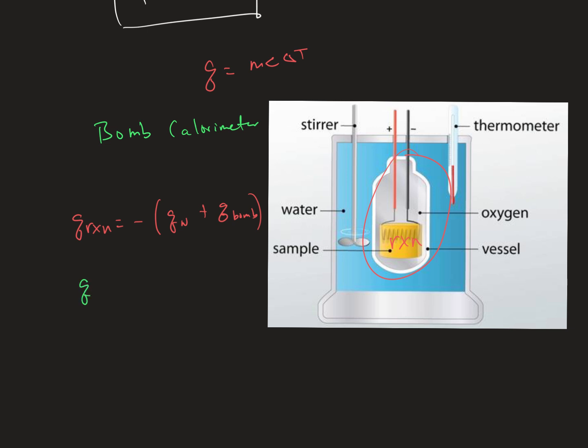And to calculate the heat of the bomb, this is also on your reference sheet. Yeah, in fact, so is that other equation, the Q equals MC delta T. So this is equal to the heat capacity of the material of our bomb itself. Okay, so it's not a bomb, guys. It's our container that holds the reaction inside our calorimeter. So the heat capacity of our bomb, and remember, heat capacity is joules per degrees Celsius, right?